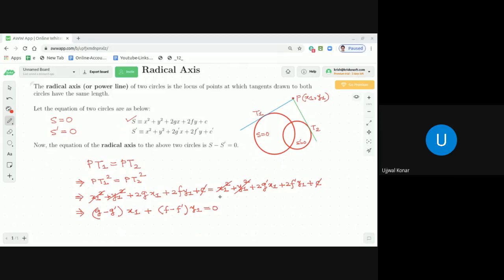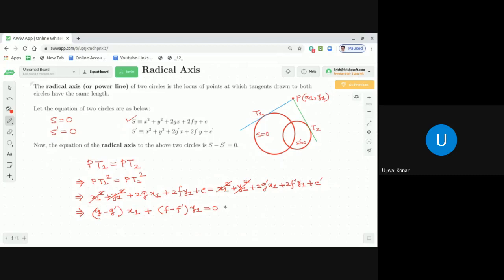Correct, dear students? Okay. Now there is one small point: it is c dash. So c and c dash will not get cancelled, by the way. I made a small mistake here. This is c and this is c dash, so they will be different.